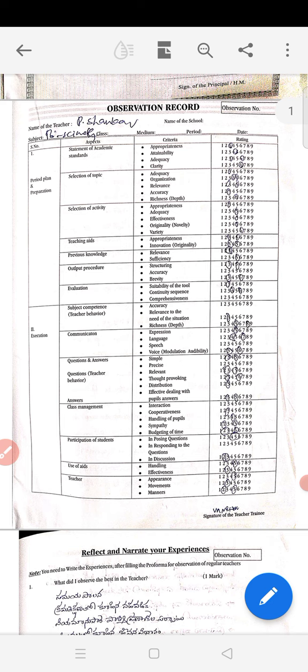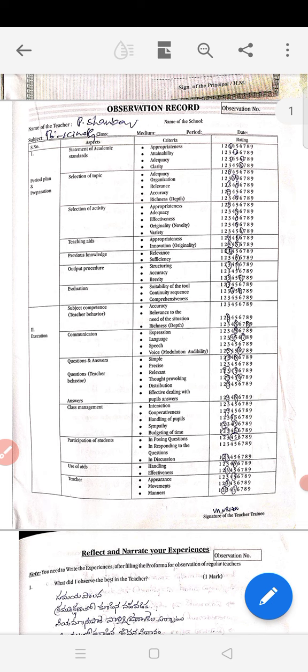Whether accuracy is there, relevance to the need of the situation, whether the teacher behavior depends upon that particular situation or not, and whether any depth is there or not. By concentrating on these areas, you are going to give a rating of 1 to 9 for each one.